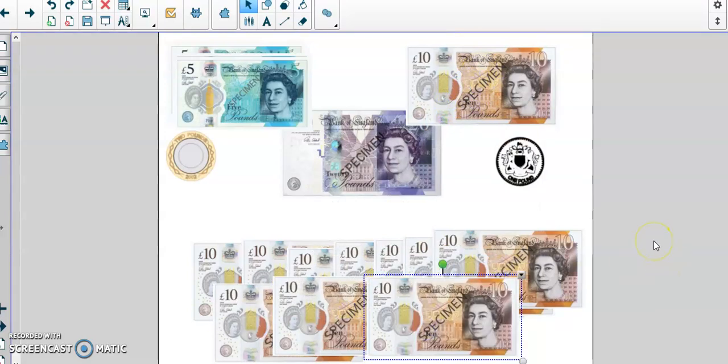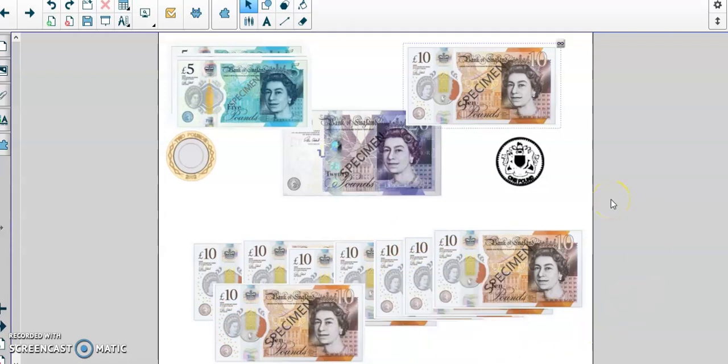The question this time is, how many £10 notes did we need to make 100? So again, here's a little bit of thinking time. Let's check how many £10 notes we needed. 1, 2, 3, 4, 5, 6, 7 notes, 8, 9, 10 notes. So 10 £10 notes made 100.